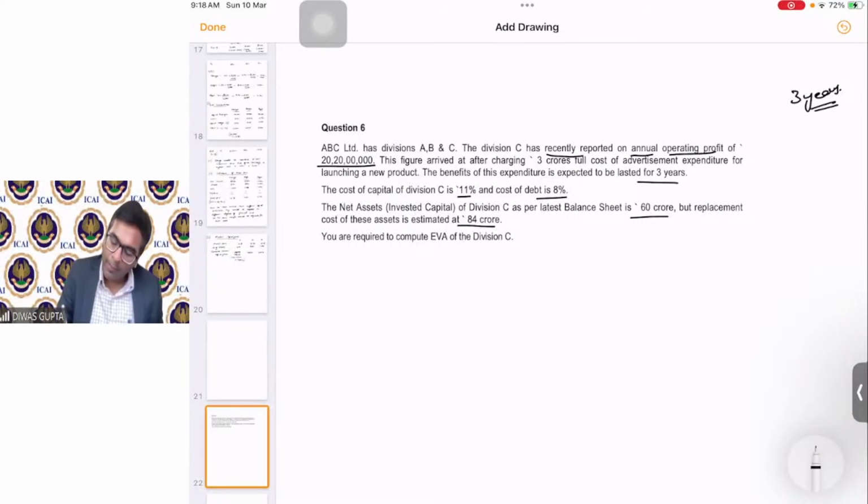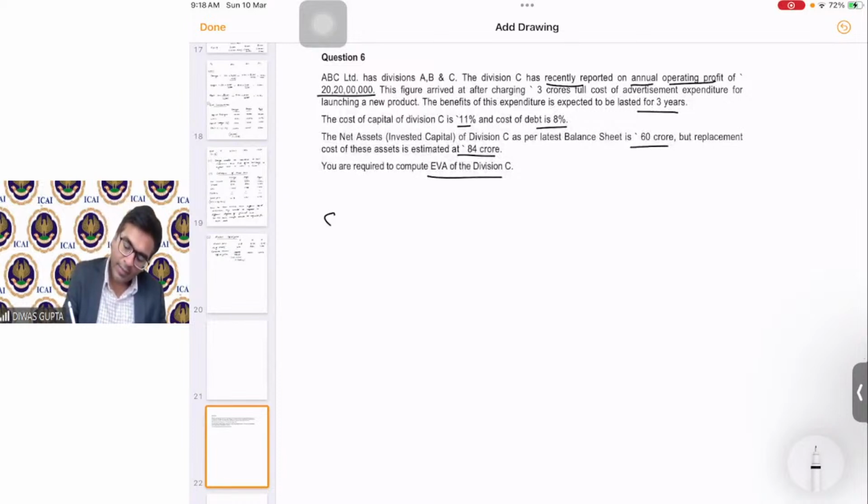You are required to compute the EVA of division C. Easy and simple. Can we calculate the EVA of division C? Yes. Let's go step by step. First of all, what is EVA?